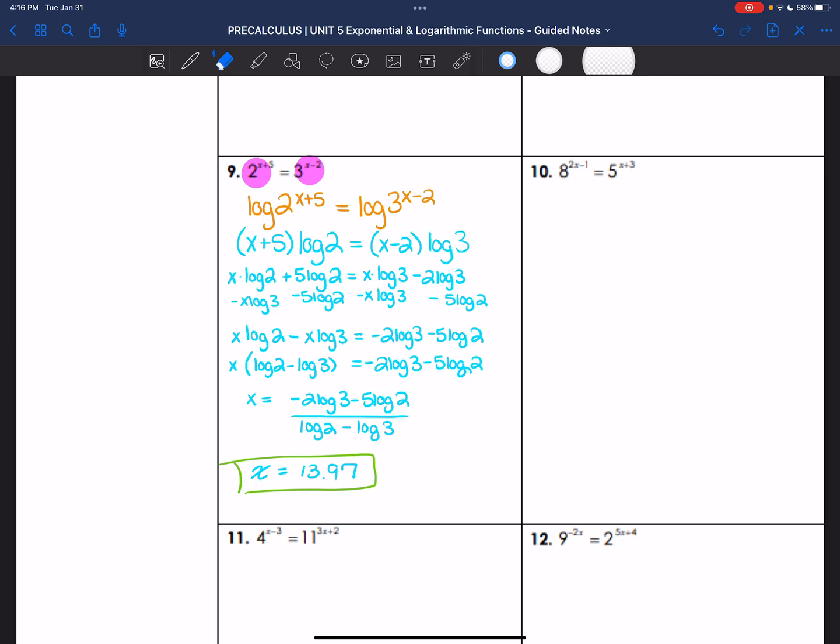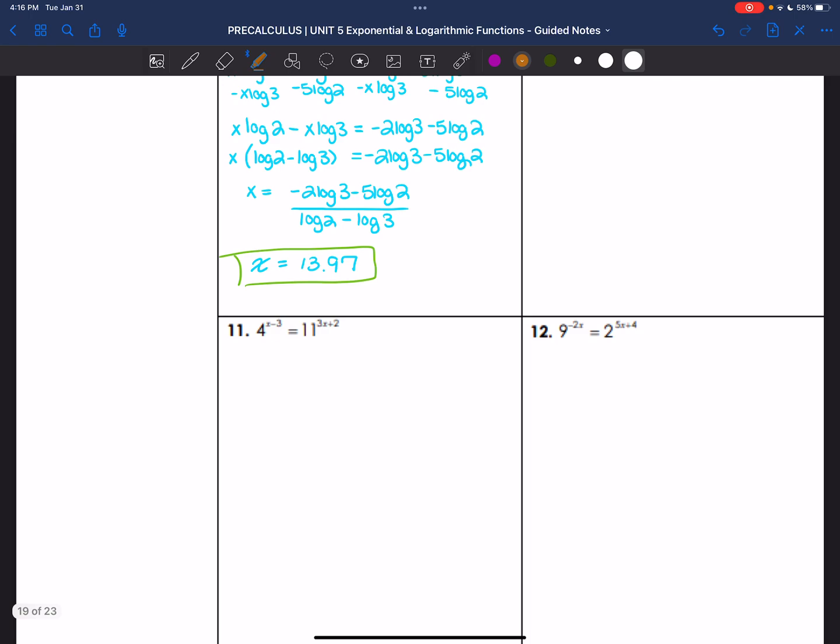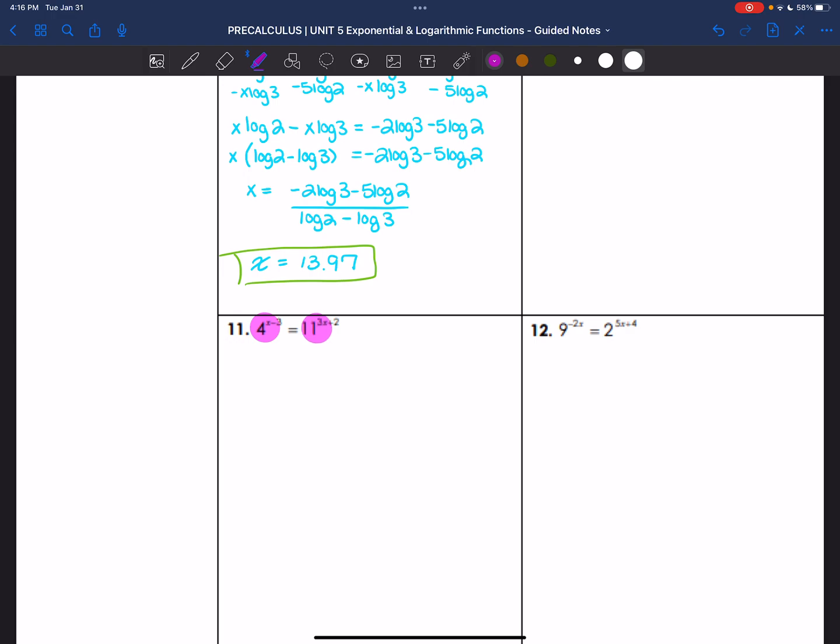I want to do just one more like that so we can see that rhythm again. Look at number 11. We want to begin by making sure that we just have exponential equal to exponential, but those bases are different. So let's go ahead and take the log of each side, and log of the other side. Then apply that property of logarithms for the power.